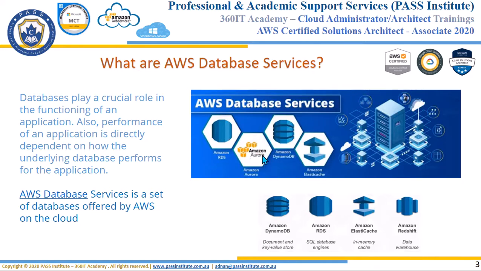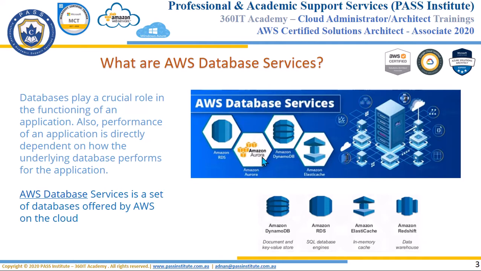So what is Amazon Aurora? Amazon Aurora is basically the same as RDS, a relational database system, but it is a proprietary database product of Amazon. Here you will buy it, and it will be cheaper as compared to other types of databases. In another slide, I will show you what other types of databases are available.